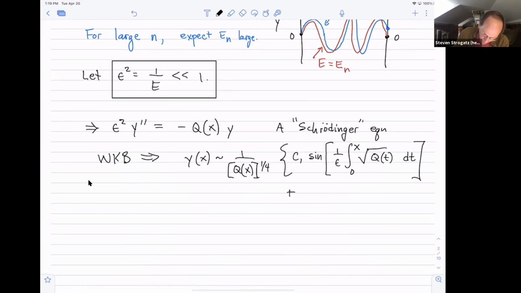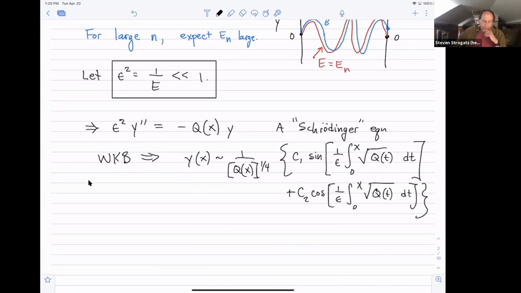And then plus a similar term with the cosine, C2 cosine of 1 over epsilon times the integral from 0 to x, square root of q of t dt. Close the big bracket. So we wrote that down in the past lecture or 2. And so that's an excellent approximation in the limit when epsilon is small.